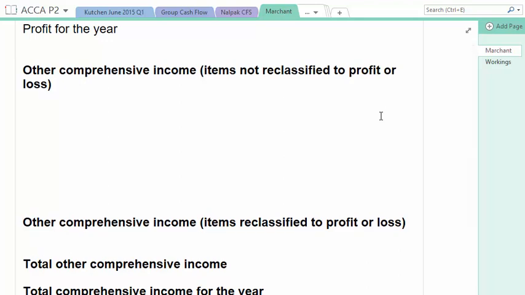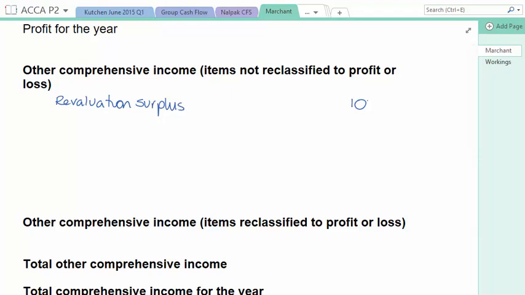It's not something to get particularly excited about, but what we have here is a revaluation surplus of 10. So we've now dealt with that first article.